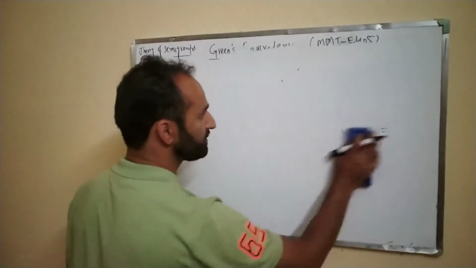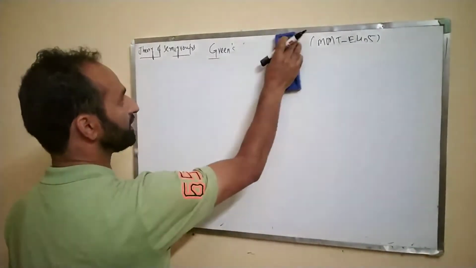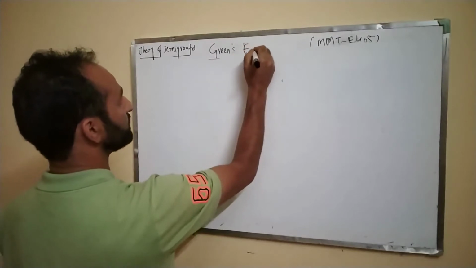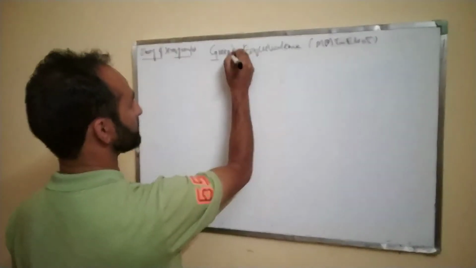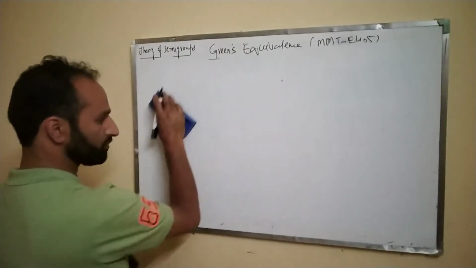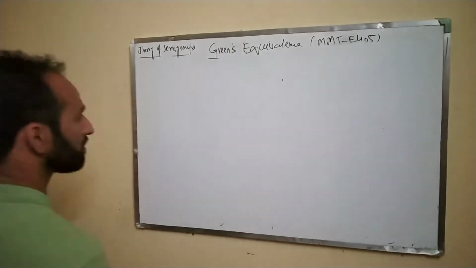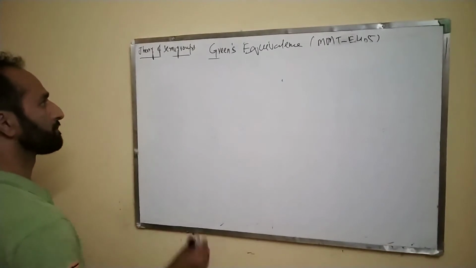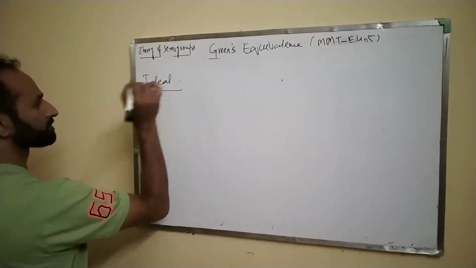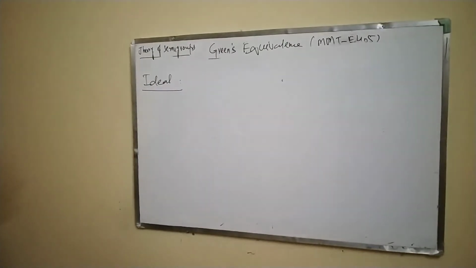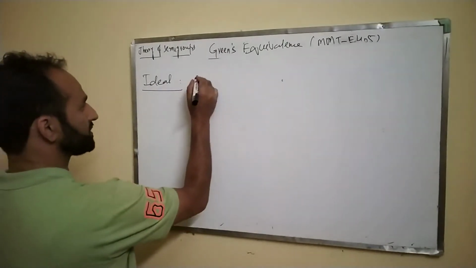Now we define ideal. Then we come to Green's equivalences. First we define an ideal, the ideal of a semigroup.